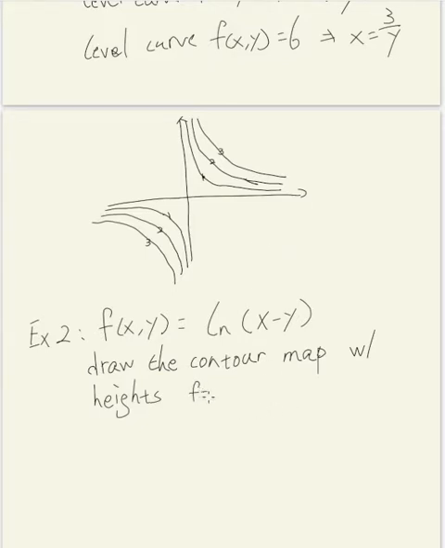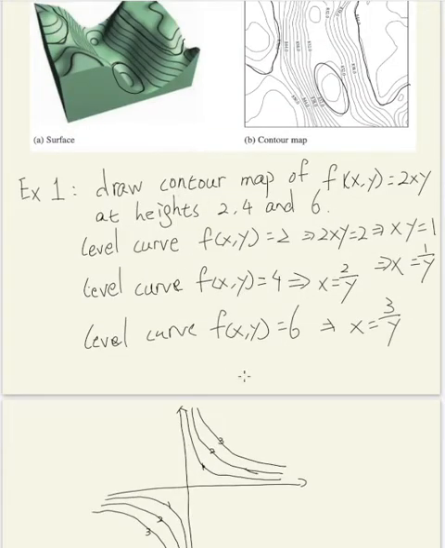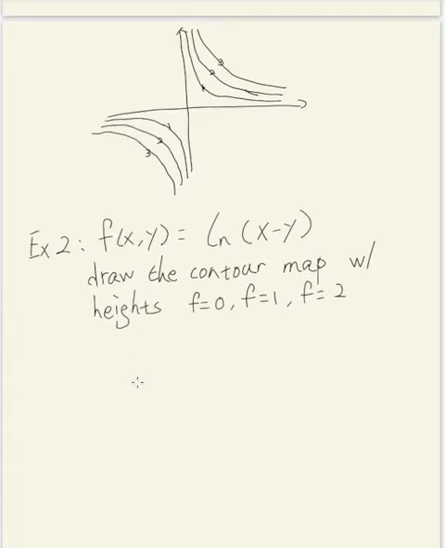So I'm going to write f equals 0, f equals 1, f equals 2. It means the same thing as heights 2, 4, 6. It's just a clearer way of writing it.